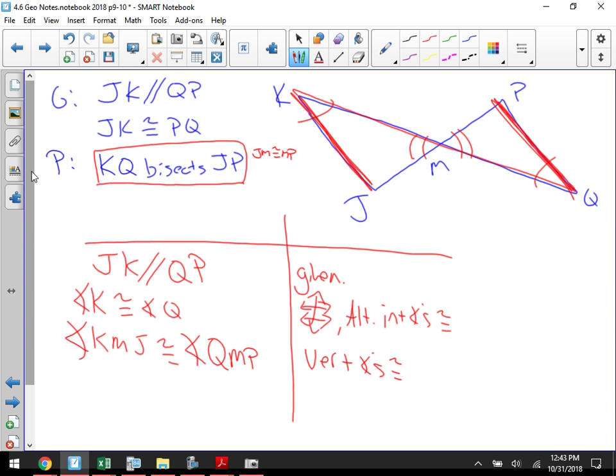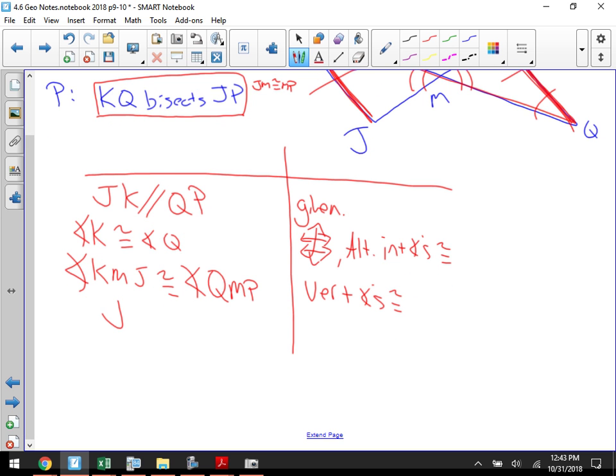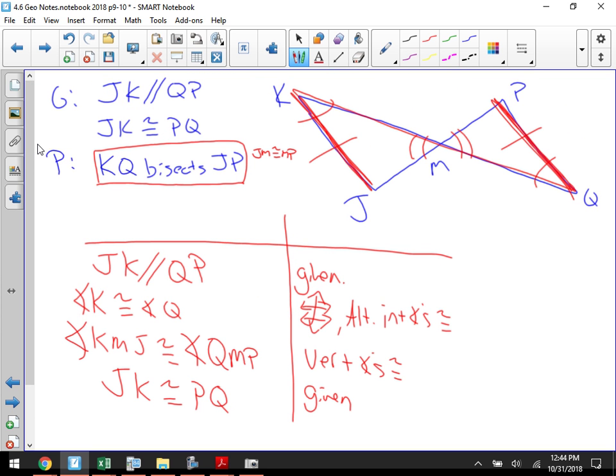So what's the next thing we would write up for our proof here? The other given, JK and PQ. Okay. Do you have two triangles that are congruent to each other? We do.